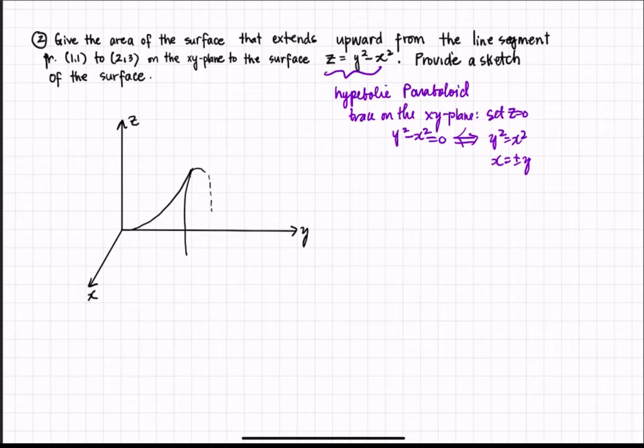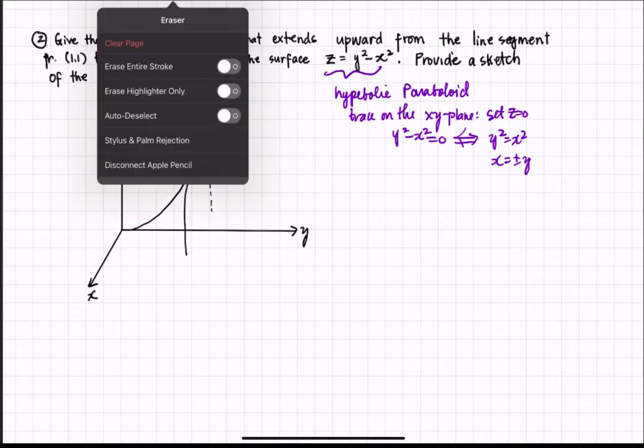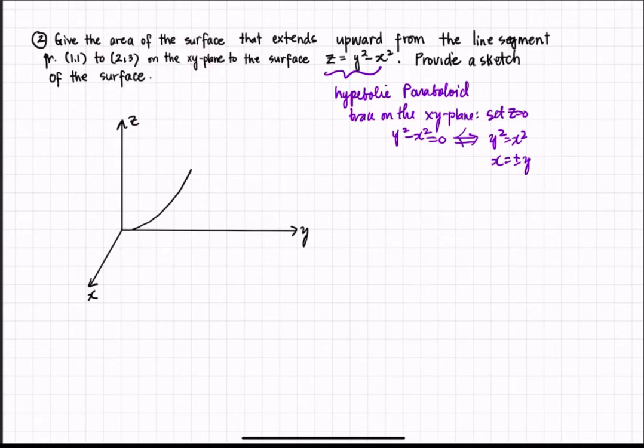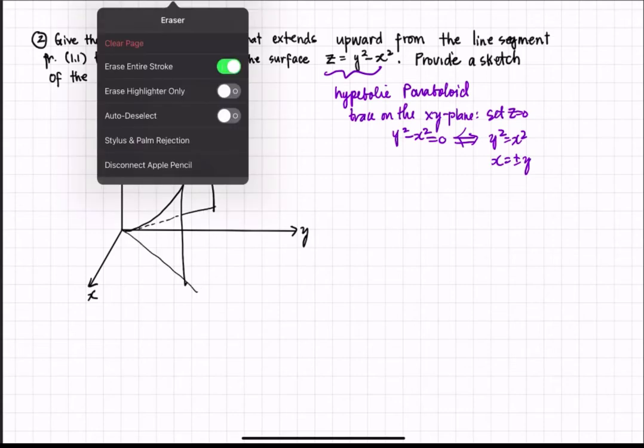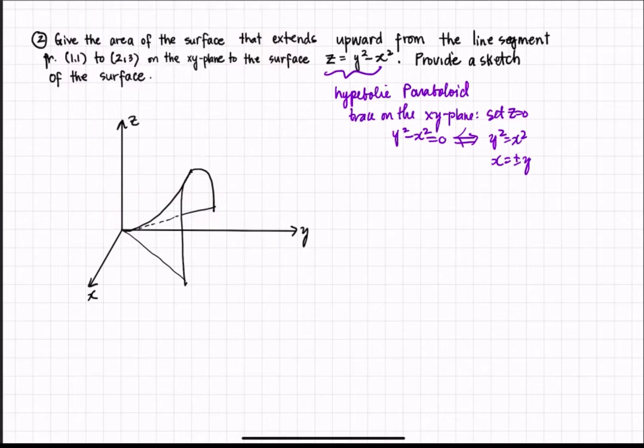So, let's say yung isa pag ganito, and then the other one, ayan yan. Okay? Yan yung hyperbolic paraboloid natin na portion lang yung drawing ko na nasa positive y part.